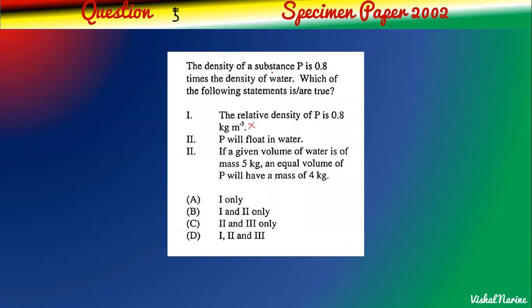Density of water is basically 1 gram per cm cube. So it means that P will float on top of water. So this is correct. So we know that 1 is wrong and 2 is correct.